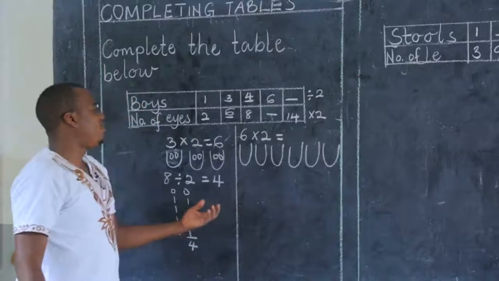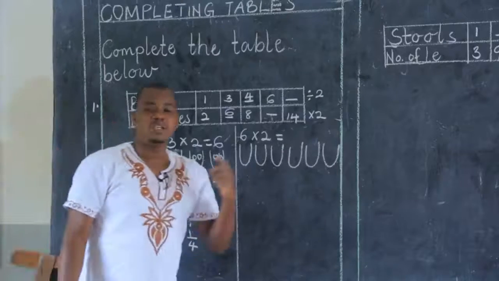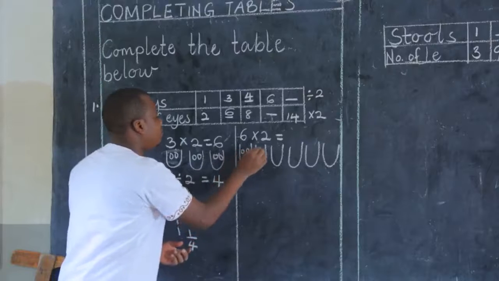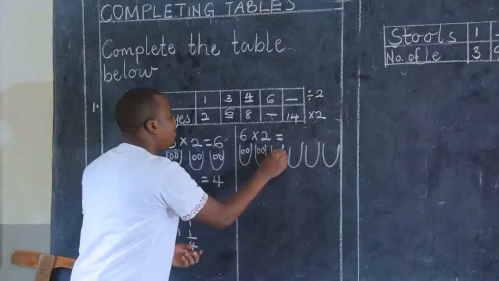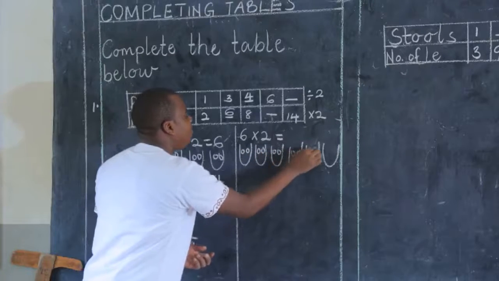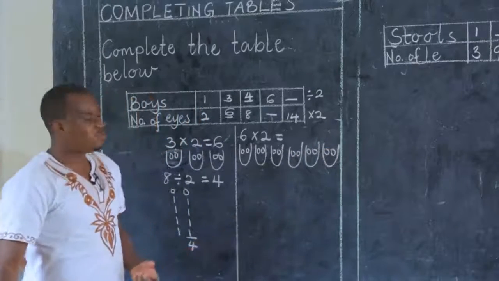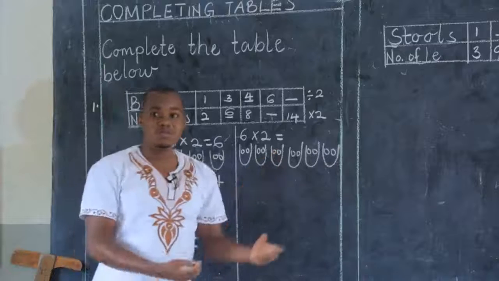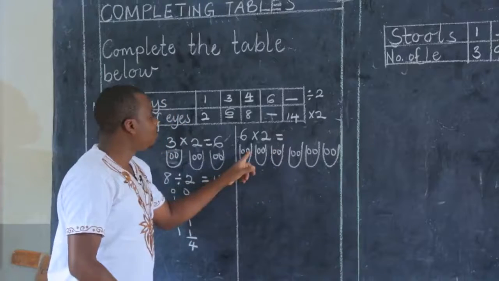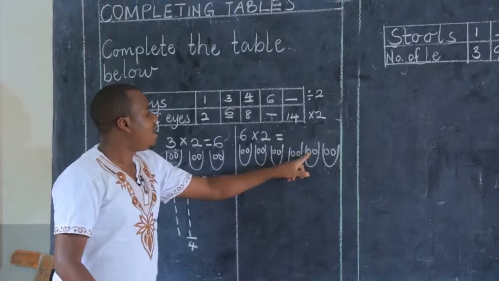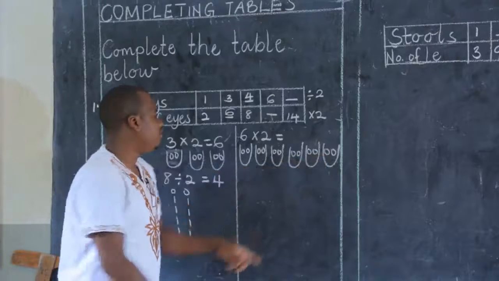Then how many items am I going to put there? 2 items in each group. So I'll have 1, 2, 1, 2, 1, 2, 1, 2, 1, 2, 1, 2. Then can we get the answer together, my children? We are going to count together. 1, 2, 3, 4, 5, 6, 7, 8, 9, 10, 11, 12.